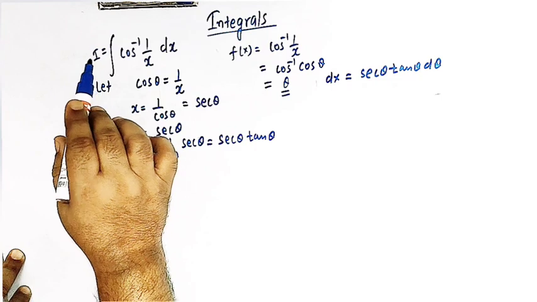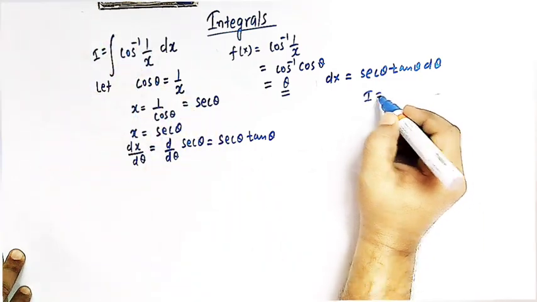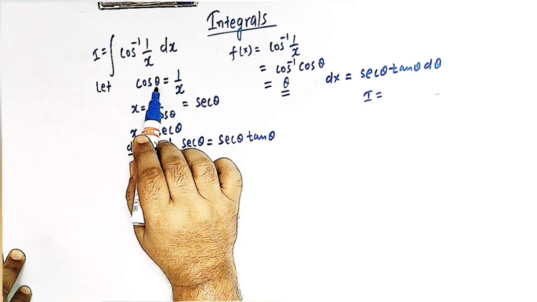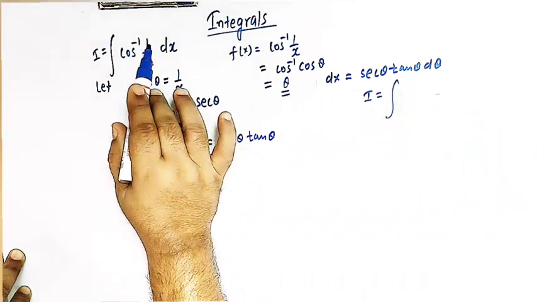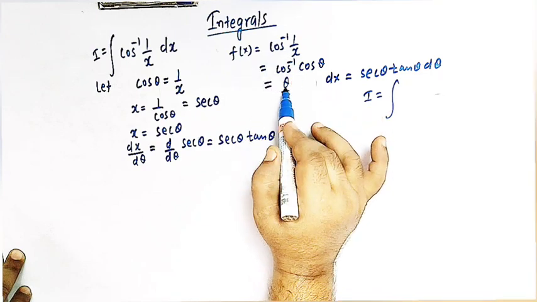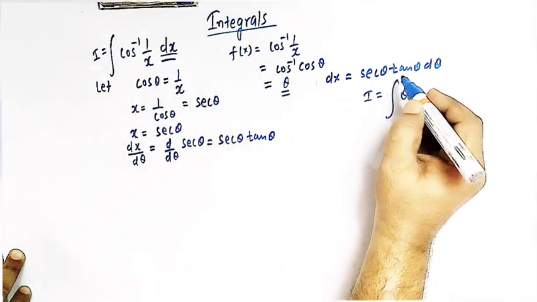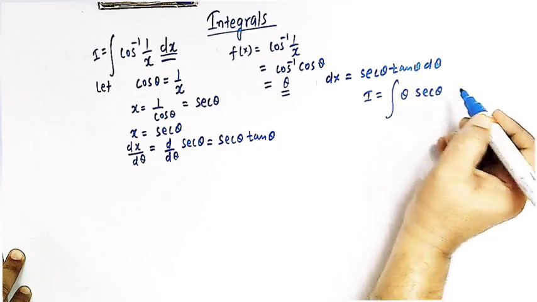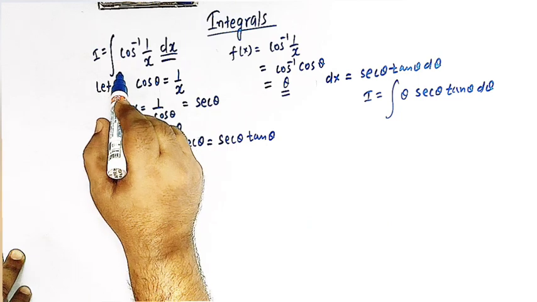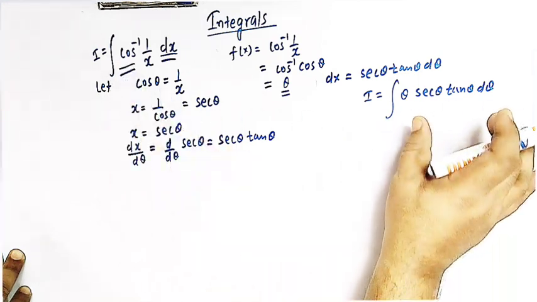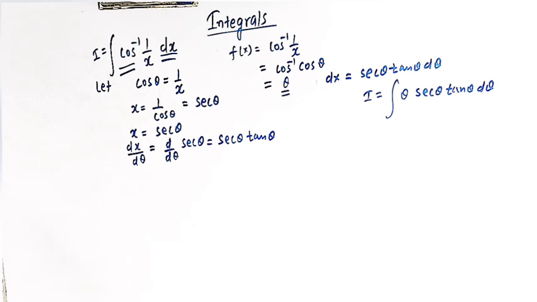So now we can rewrite this integral I in terms of this new variable theta. So we can now write integral, and cos inverse 1 over x is equal to theta, and for dx we can now write secant theta tan theta d theta. So now this integral is reduced to this one with the help of this substitution.